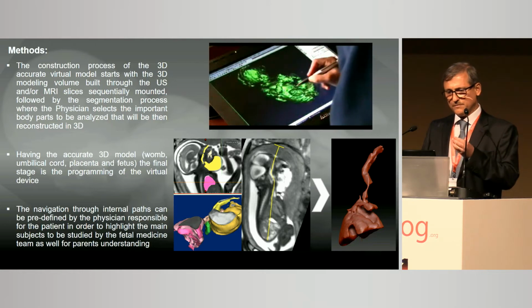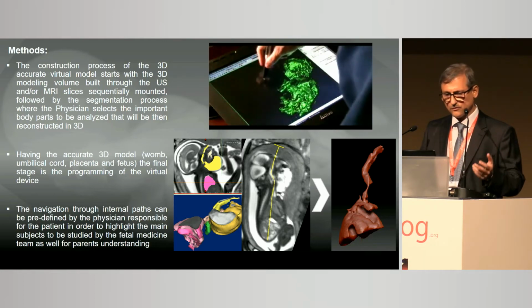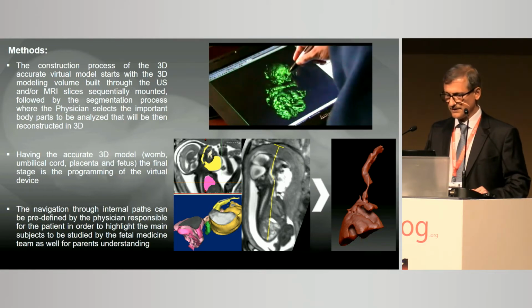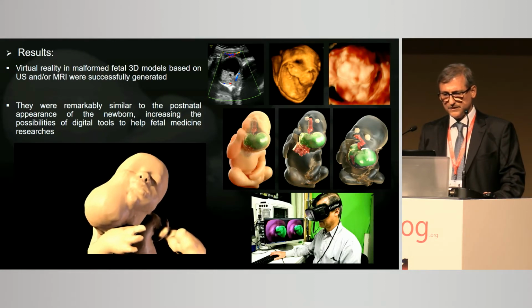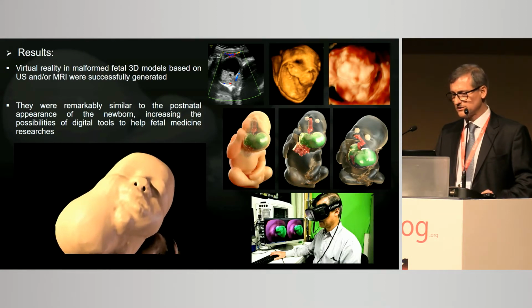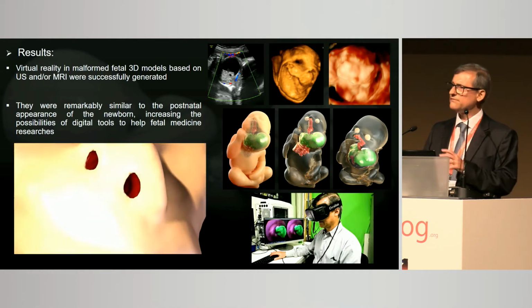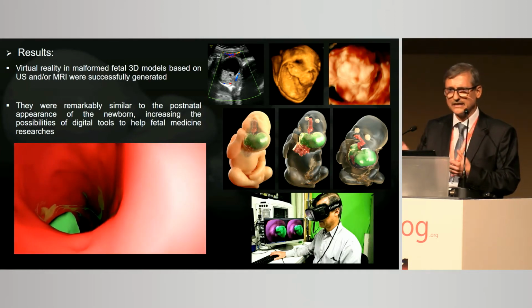So we prepare the 3D, you organize here uterus, umbilical cord, placenta, and fetus, and then you can do the navigations. Here I show another case. It's a fetus with teratoma. We reconstruct all of these, ultrasound, MRI. You have all the views, and the surgeons receive these in the cell phone and the tablet.